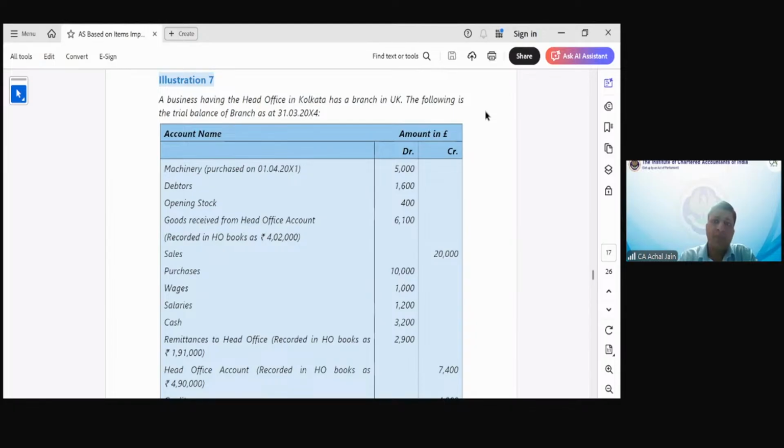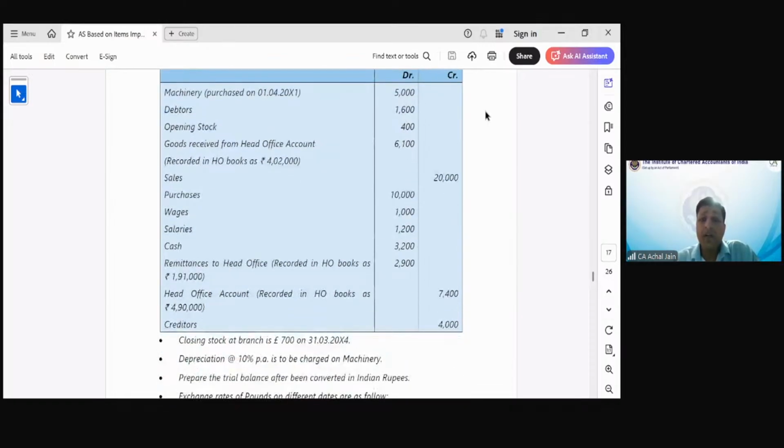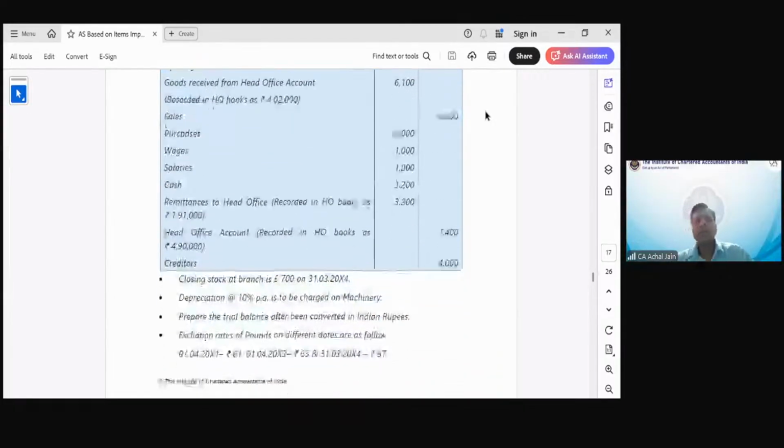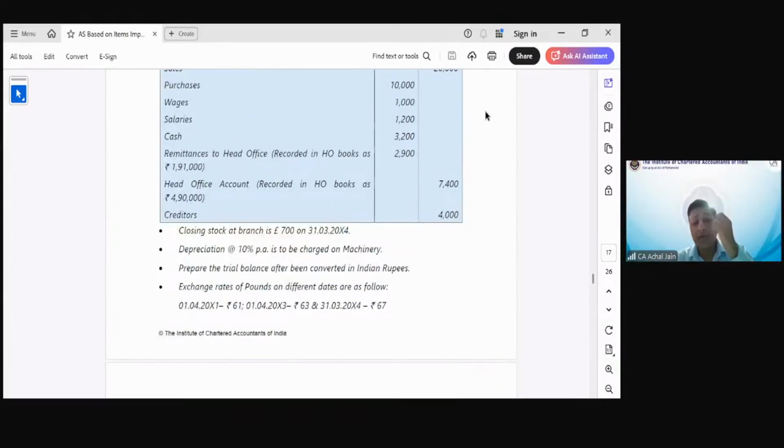It's prepared in pound. Machinery, we are given the purchase date. Debtors, opening stock. Then there are some goods received from head office. Sales, purchases, wages, salaries, cash. There are some remittances to head office. Then the head office account in the books of branch, creditors, all of this is available to you. Then you are also given some additional information, closing stock of the branch, depreciation.